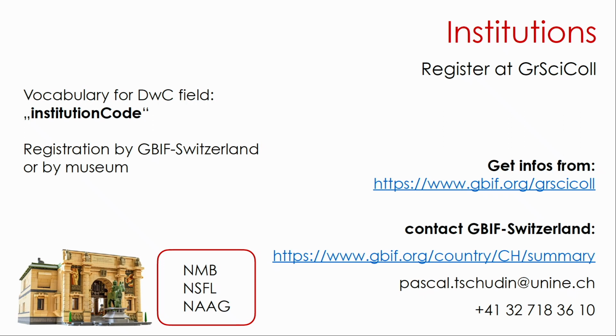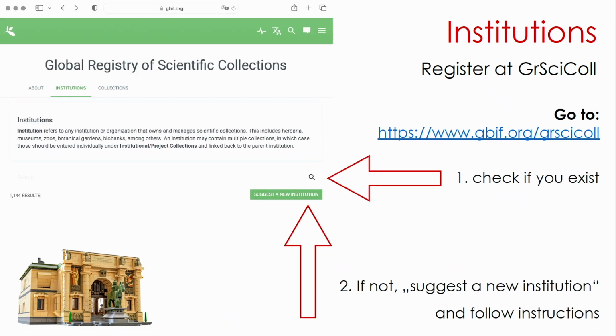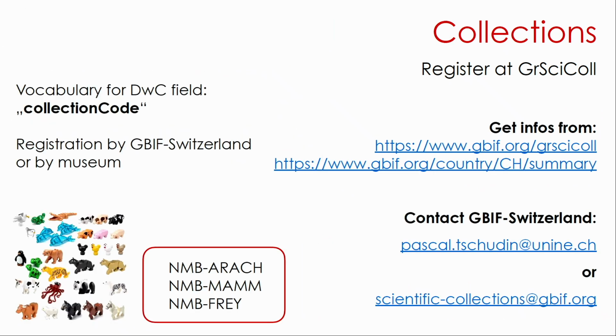It's the same as with the countries, and we have registries for very different of these fields or terms. What you can also do if you enter data in your database is check what other acronyms have been used. You go, for example, to SwissCollNet, and check if you or the other houses exist. If not, you can suggest an institution. I don't want to go into detail here.